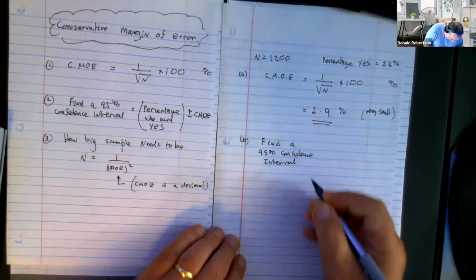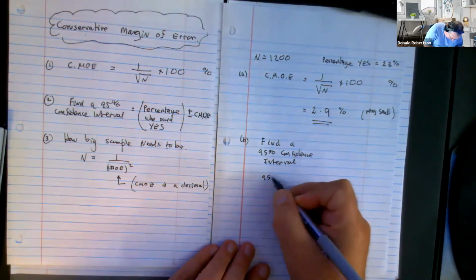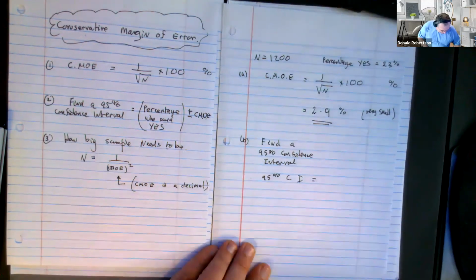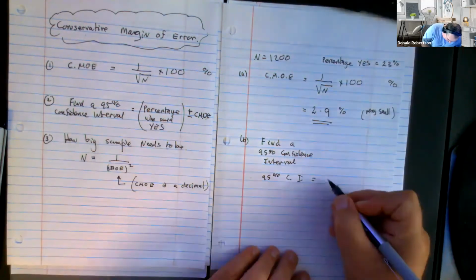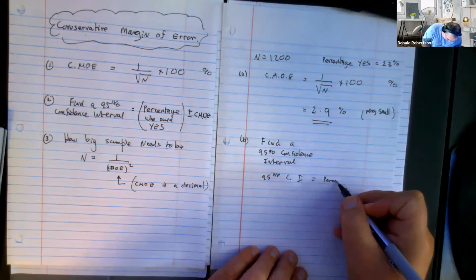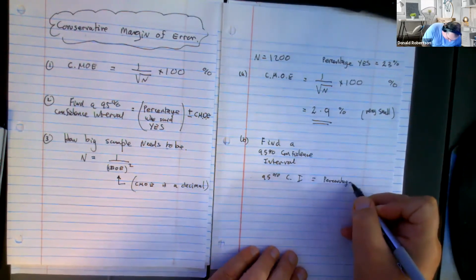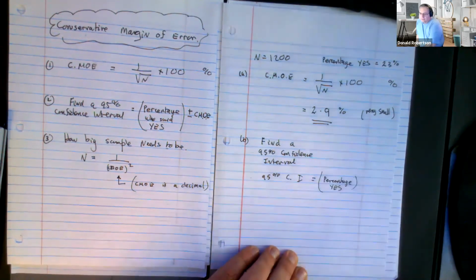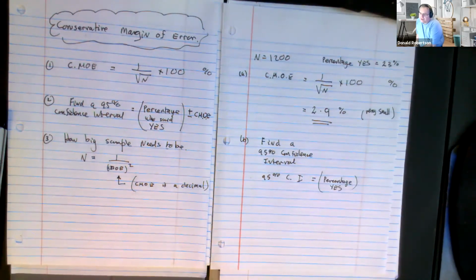We tend to call it 95% C.I. for short. And it's the percentage who said yes. So you ask some people a question and whatever it was, 40% said, I'm going to vote for that guy. 22% says I'm in favour of this. In this case, 23% said I've been to Scotland, right? That's the number that goes here.